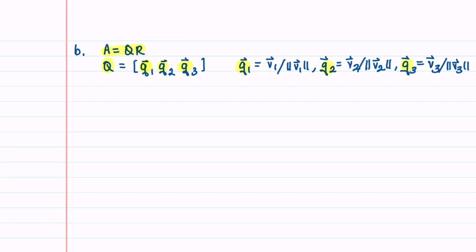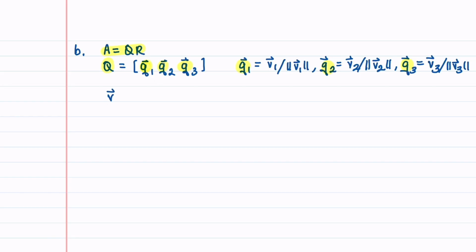So matrix Q is made up of vectors that are orthogonal and orthonormal because their magnitudes are all equal to 1. All we have to do to find matrix Q is find the magnitudes of our V vectors. I'm going to start by writing down our V vectors that we found on the previous page.